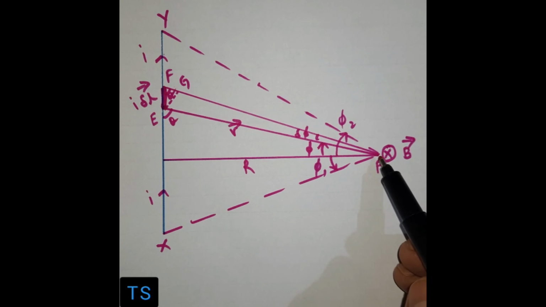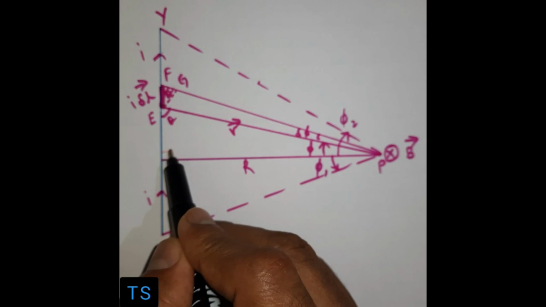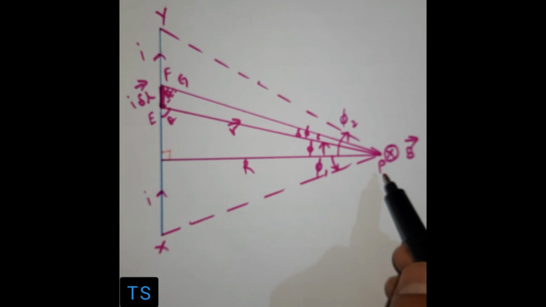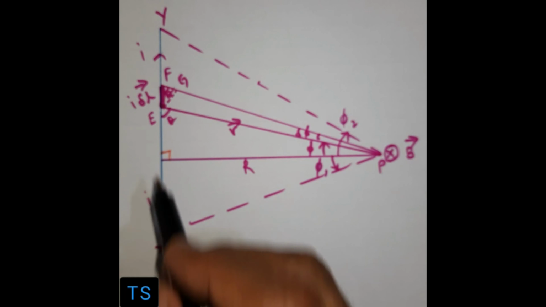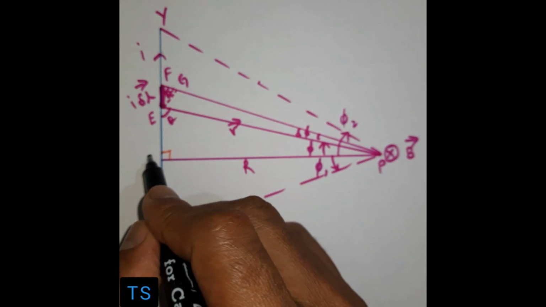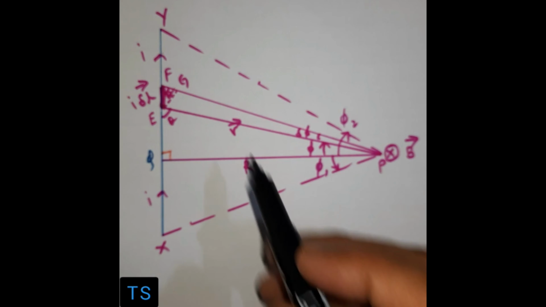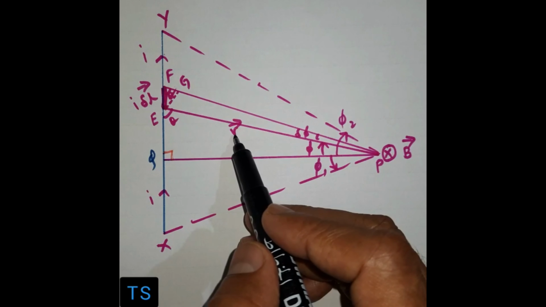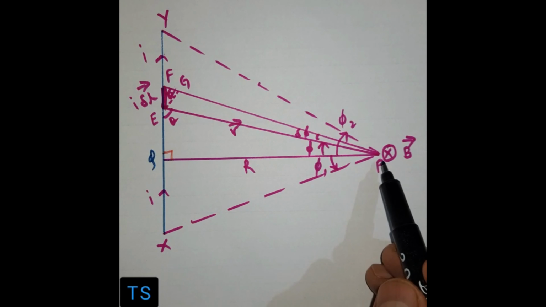to find the magnetic field due to the whole conductor XY. Let us draw a perpendicular from point P up to the conductor XY, and let us call this point Q. Let the distance be R. We have a position vector R bar, EP.